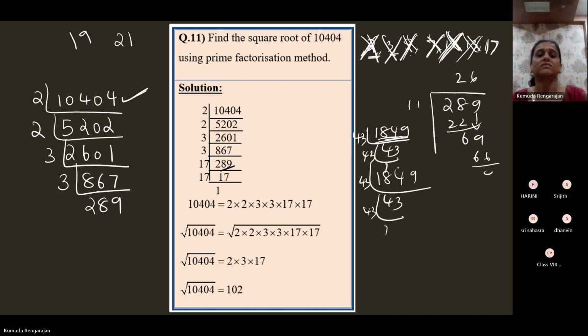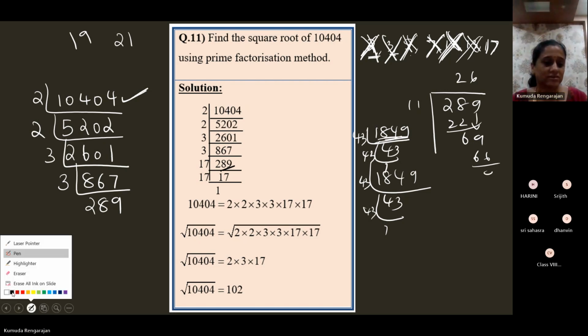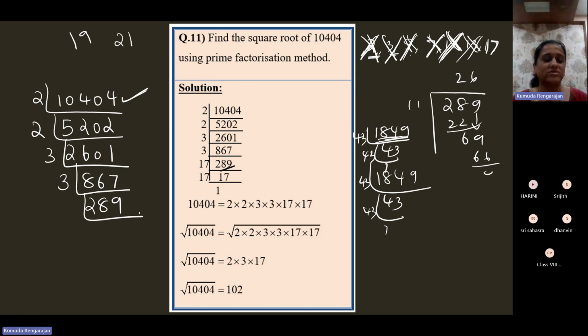So it becomes important to memorize the squares of the natural numbers till 50. If you know till 100, very good. What I'm trying to say is 289 is 17 17s and 17 ones.